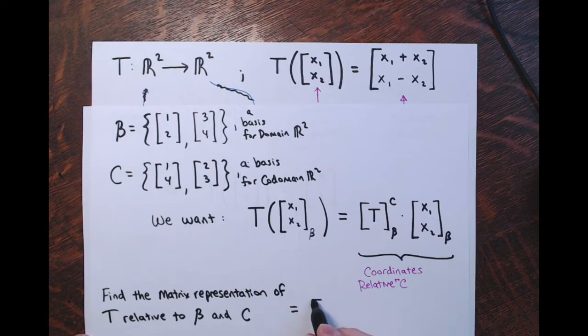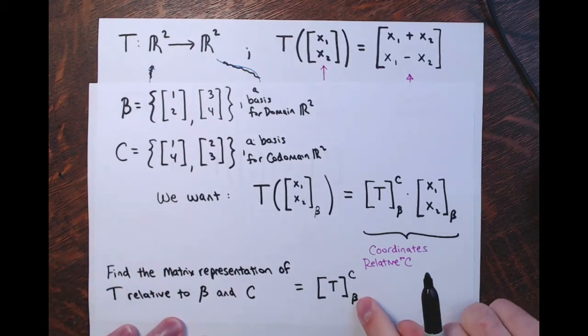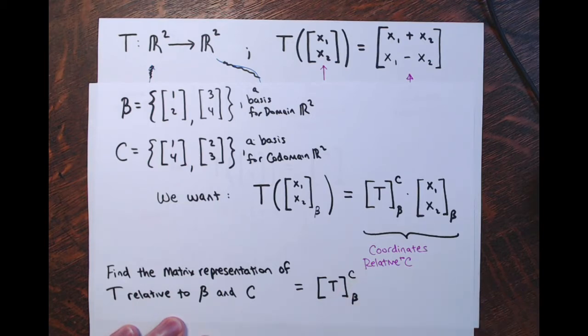The notation for this is a bracket around the name of the transformation, basis for the domain in the lower right, basis for the codomain in the upper right. And when these are both the standard basis, this is just the standard matrix. If B and C are the standard bases, then this matrix is the standard matrix.